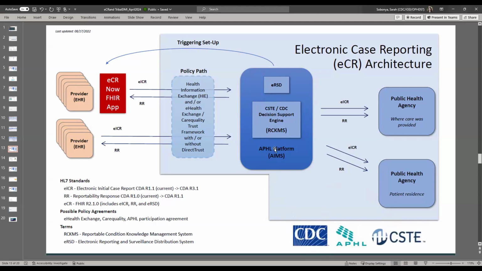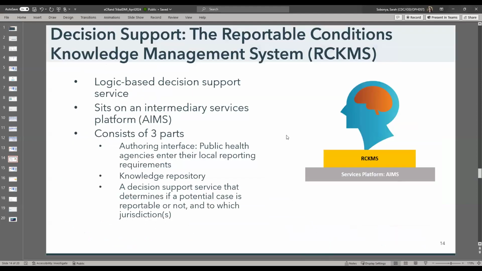RCKMS, this knowledge management system, is in the middle, and this is like the brain of eCR that decides who should this report be routed to, if anyone, is it reportable? RCKMS consists of three parts.